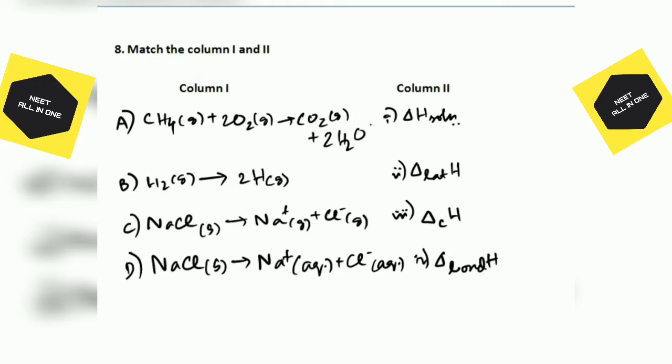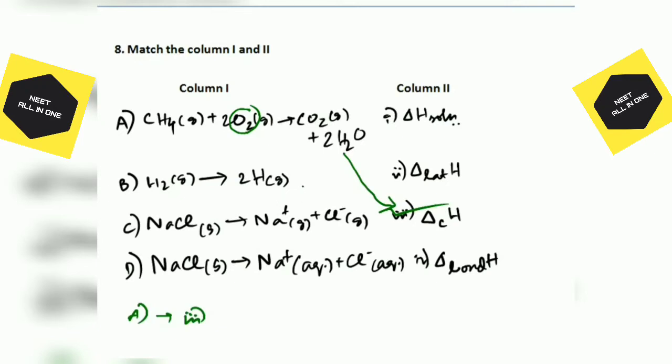You can see that combustion of CH4 is happening because it is reacting with O2, so it will be matched with this. So A is matched with column 2, option 3. Then we see that H2 gas is breaking into atoms, that is 2H.